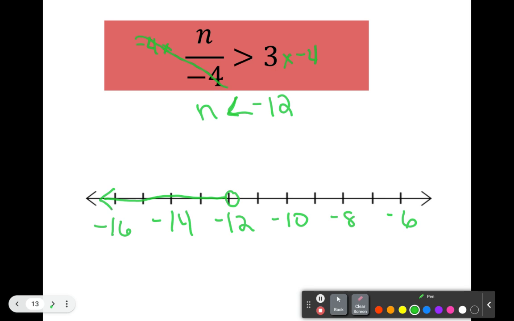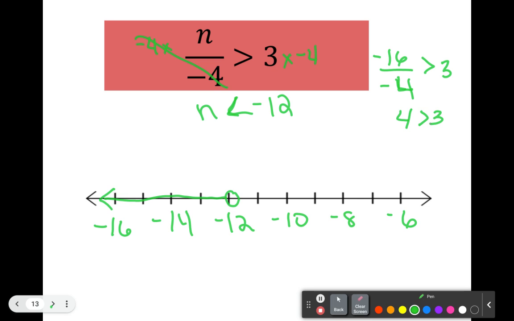Now let's plug it in, and I'm going to show you how this makes it true. I'm going to plug in -16 for my answer. Is it greater than 3? -16 divided by -4. They're the same sign, so it's going to be a positive answer. And that's true. 4 is greater than 3.